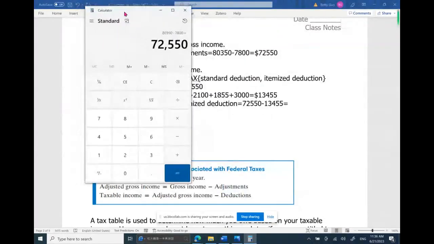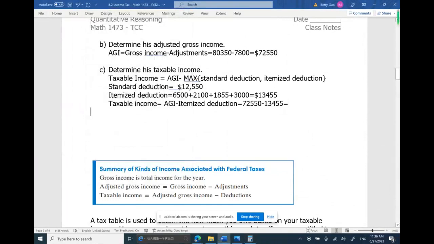Yeah, we have the AGI in the calculator, right? Just minus 13,455 and we get 59,095. That is the taxable income.